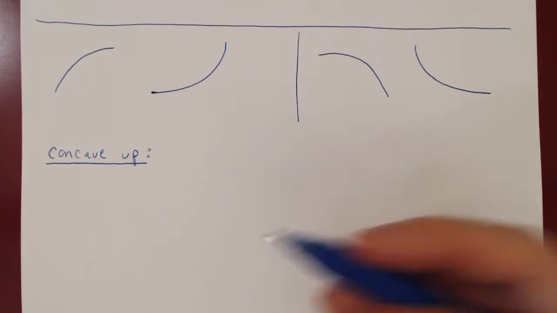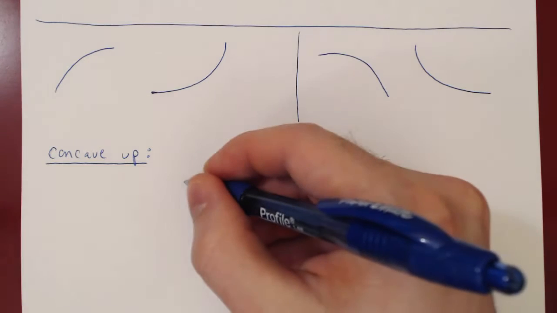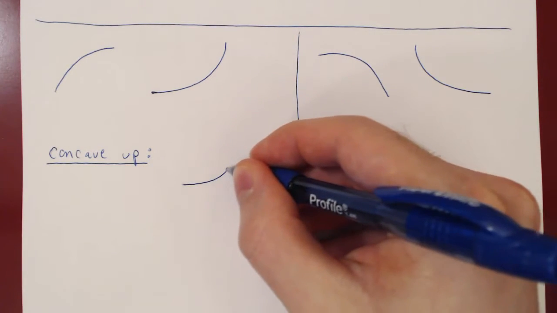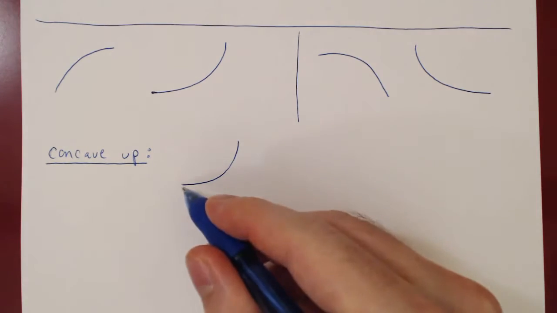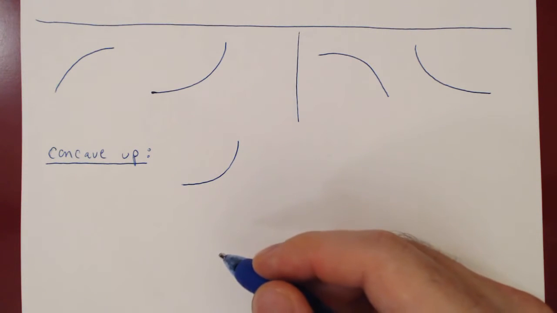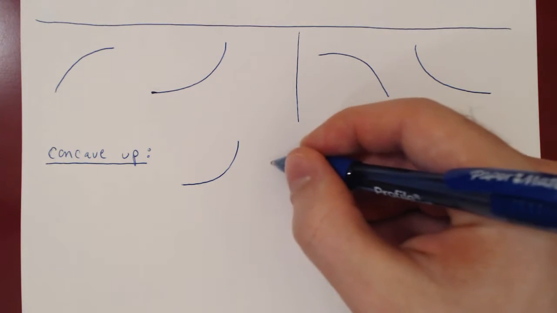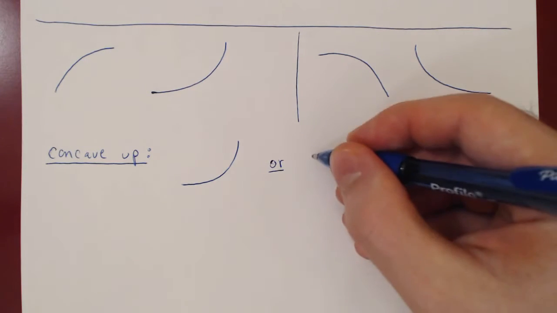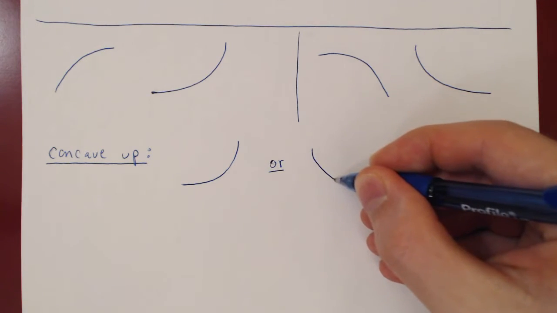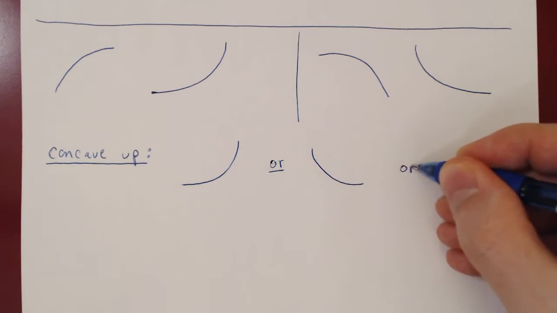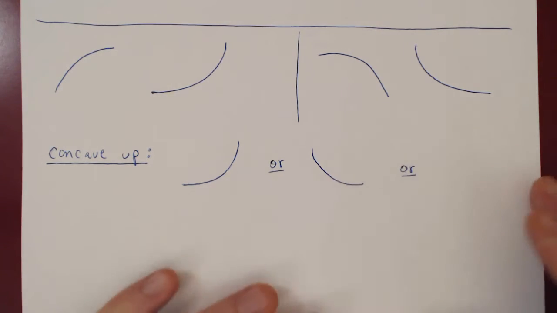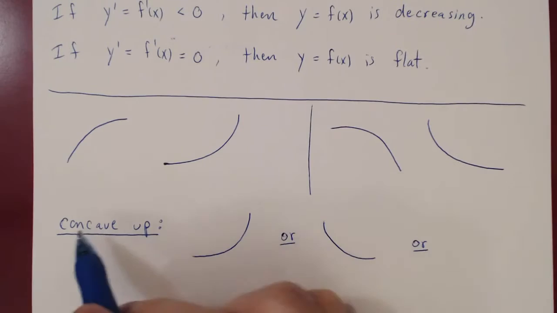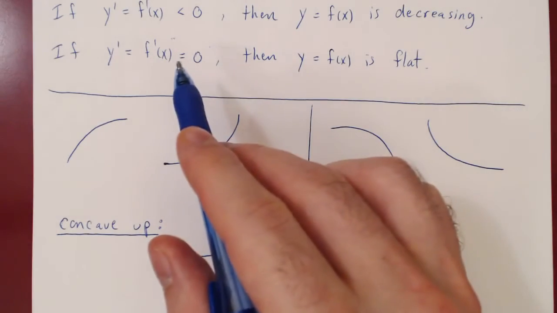So concave up, it could be concave up and increasing. This is concave up and increasing. It could be concave up and decreasing, or we could be looking at a point where the curve is concave up and the derivative is 0.